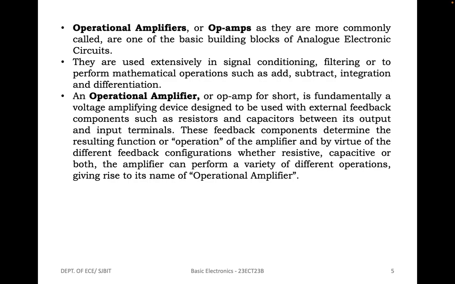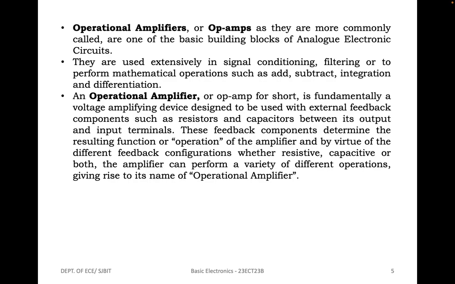An operational amplifier, or op amp, is fundamentally a voltage amplifying device designed to be used with external feedback components such as resistors and capacitors between its input and output terminals.